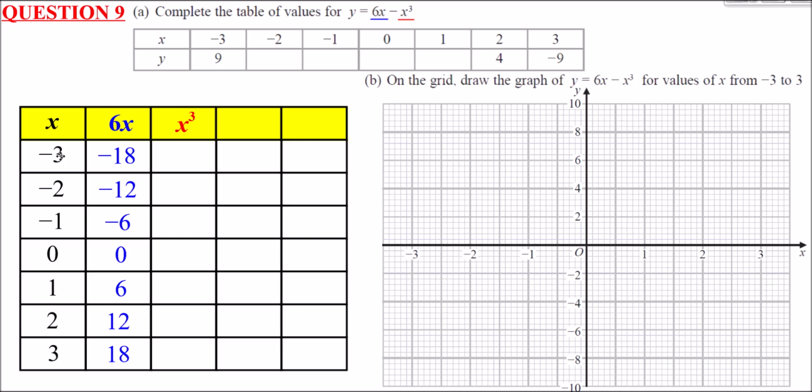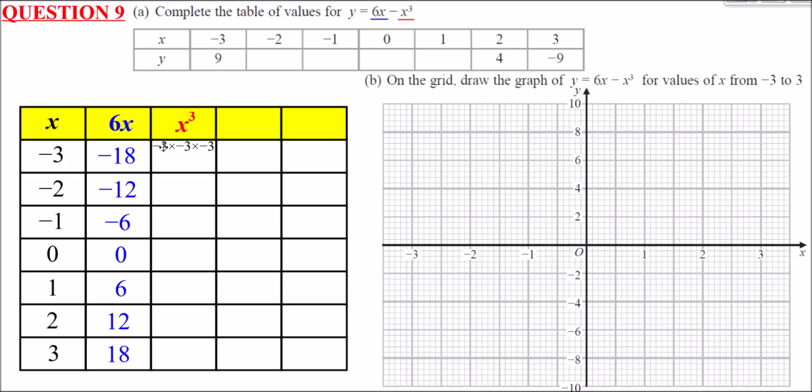So if x were -3, x cubed would be -3 multiplied by -3 multiplied by -3. -3 multiplied by -3, first of all. A minus number multiplied by a minus always gives us a positive. So -3 multiplied by -3 is +9.